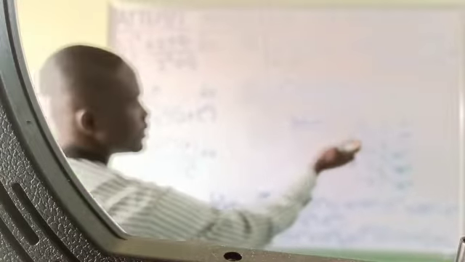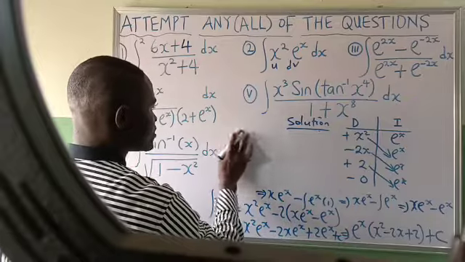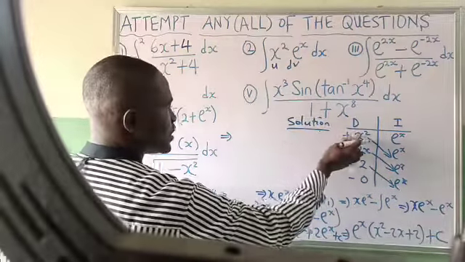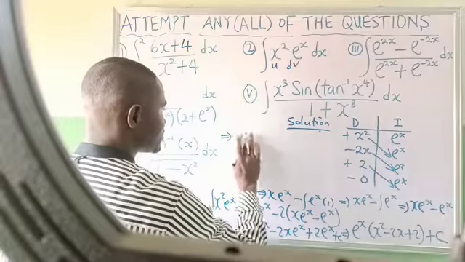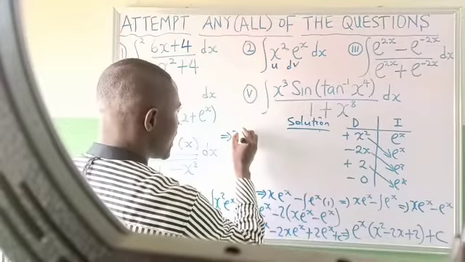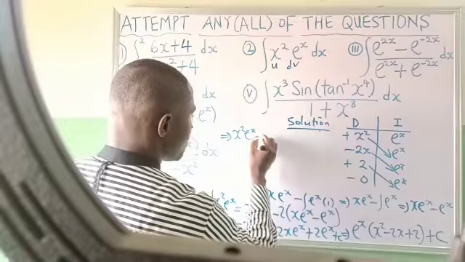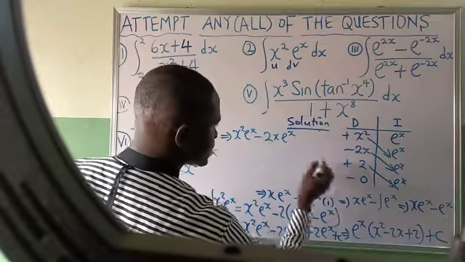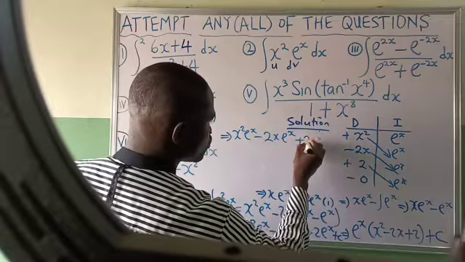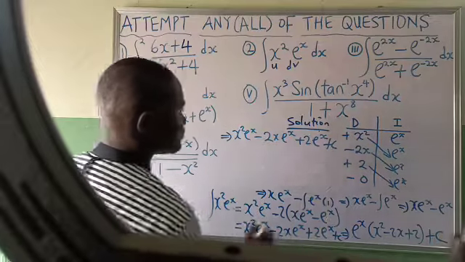So what are we going to get? This times this will give me exponential x. That means my answer will be this times this, exponential x. This times this will give me x squared exponential x. This times this, minus 2x exponential x. This times this, plus 2 exponential x, plus c.